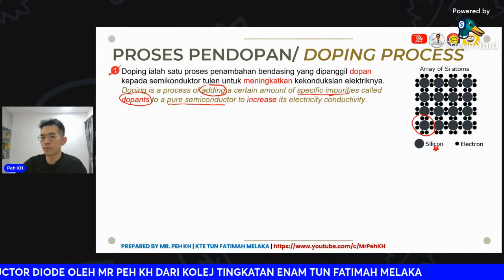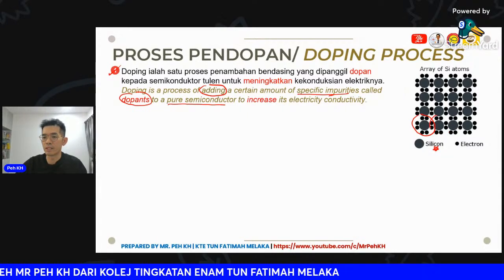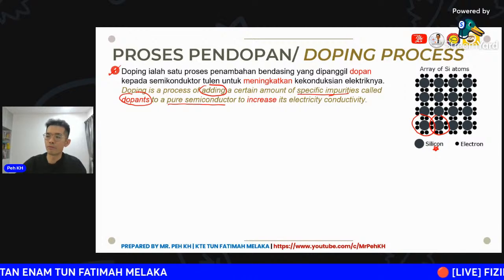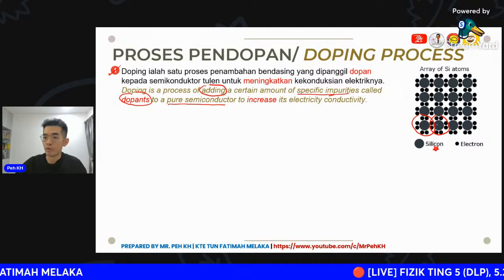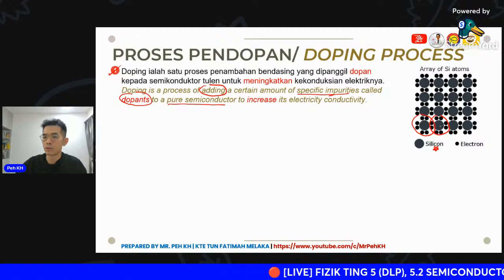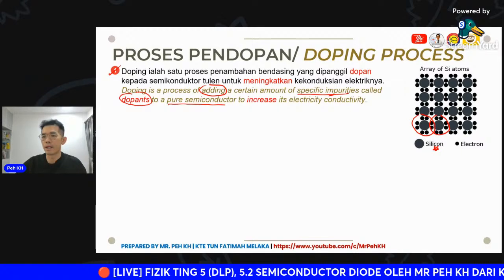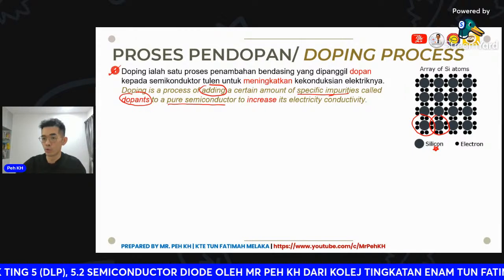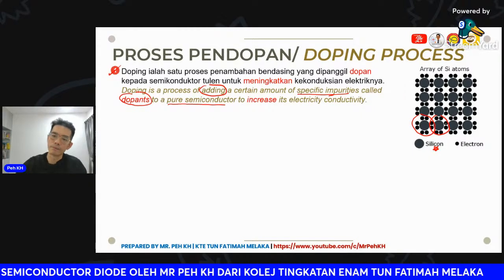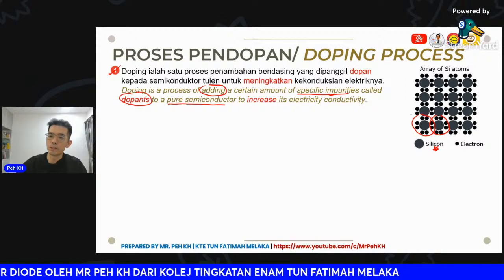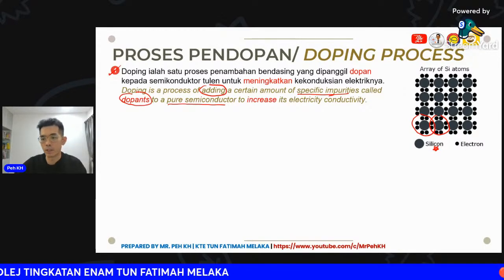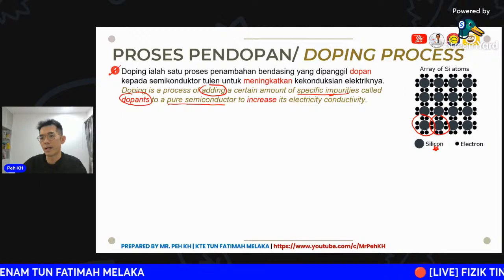So when both share electrons together, one bonding pair is formed between the 2 silicon atoms. And there will not be any extra electron present at low temperature. The free electron will be present in the pure semiconductor or silicon here when they are at high temperature.